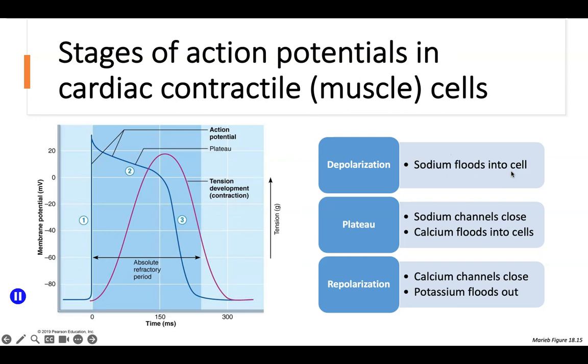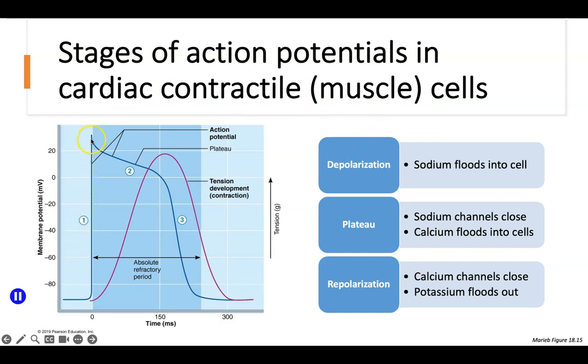Compare that now to what happens in a cardiac contractile cell. This is also going to look a little bit different than what we saw previously in skeletal muscle and what I just showed you in the conducting cells. So in these cardiac muscle cells, what we're going to see is first depolarization is going to occur.